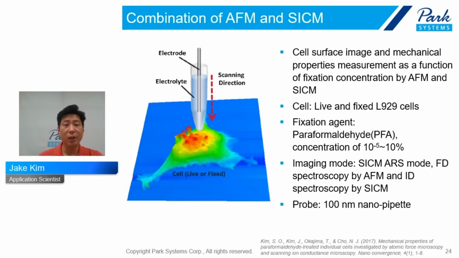Especially, the goal of this study is cell surface imaging and mechanical property measurement as a function of fixation concentration. We applied paraformaldehyde, called PFA, as a fixation agent, and the concentration was 10 to the negative 5 to 10%.